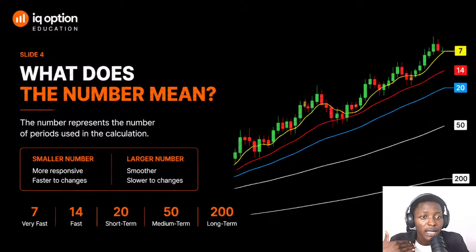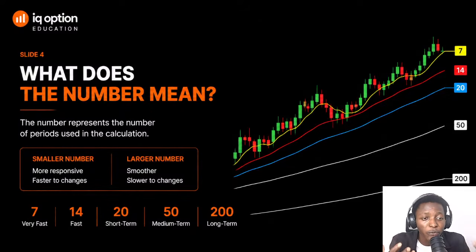And here's why the time frame matters. If we have a 1 minute chart and a 7 period, that means we have 1 minute candlesticks and we calculate the last 7 candlesticks, which gives you a 7 period moving average.